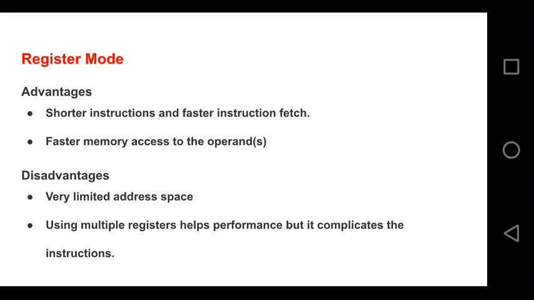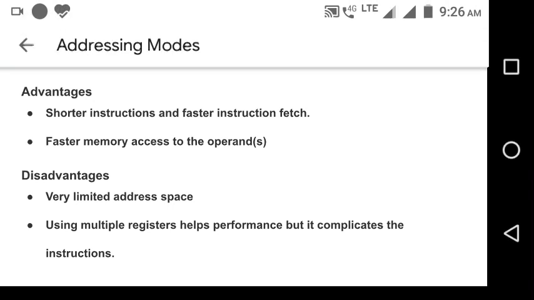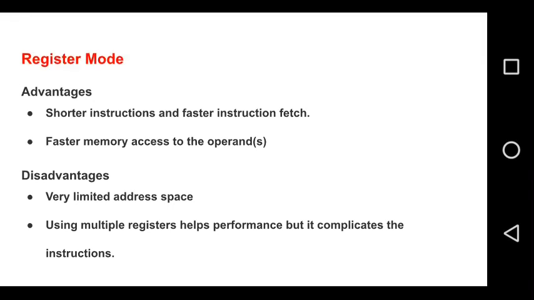And we see the advantages and disadvantages of the register mode. The advantage of register mode is shorter instructions and faster instruction fetch, because it doesn't have a memory address, it just has the name or address of the register. The length of the instruction would be less, so you require less time to fetch that instruction.